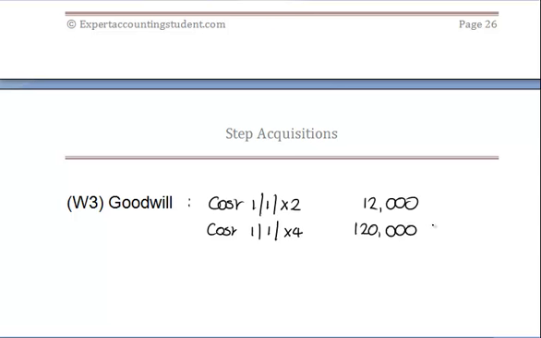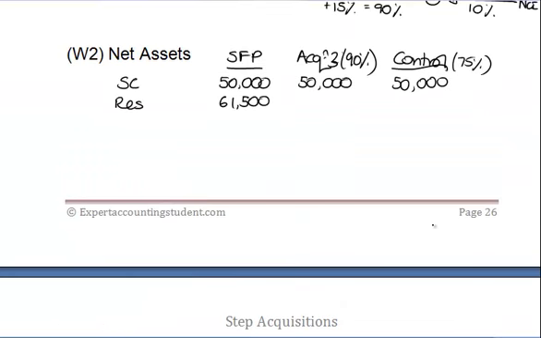And at this date, Owl had reserves of 40 million. Well, this is the date where we have achieved control. So therefore, I'm going to go to my net assets working and say at the control date, reserves of 40 million. The shares bought in 20X2 were worth 25 million at this date.